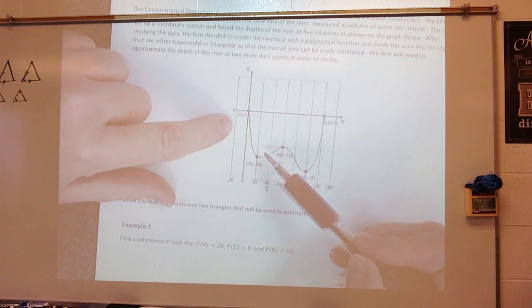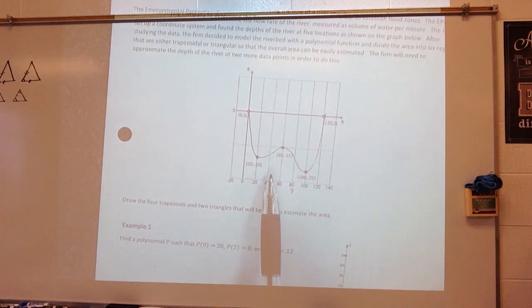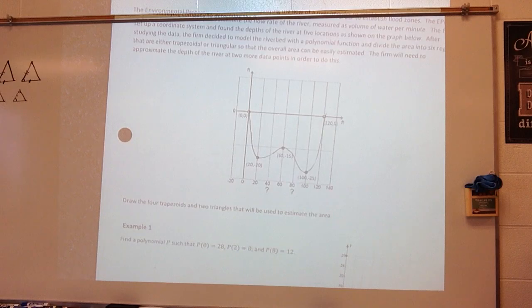We've got data points here, here, here, here, and here. What are we missing? We are missing the data point at 40, and we're missing the data point at 80. So we're missing the depths at x equal to 40 and x equal to 80. How can we find those missing values? Well, we need to find a polynomial function that fits the given data and then use its equation to find p at 40 and p at 80.